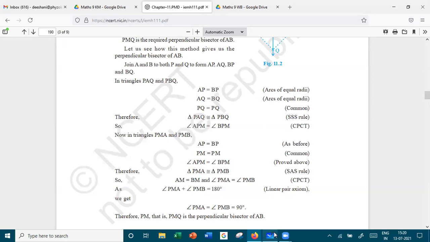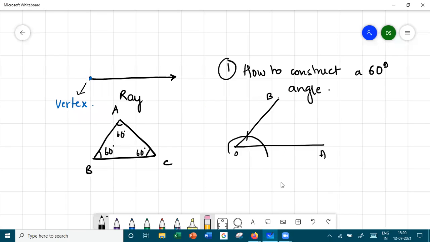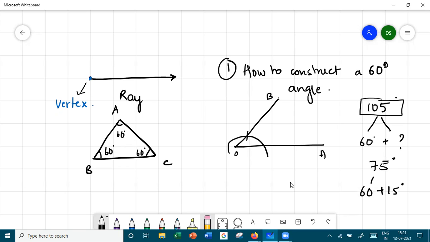Okay. One more prerequisite before doing this chapter would be to have a strong foothold in numbers. Like if I am saying 105, you should be able to figure out how to break this into 60 plus something, right? Or what can I bisect to get 105, something like that. Or if I say 75, it should click that it is nothing but 60 plus 15 degrees, right?